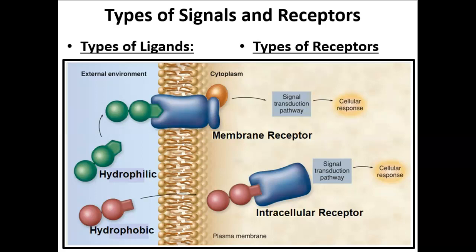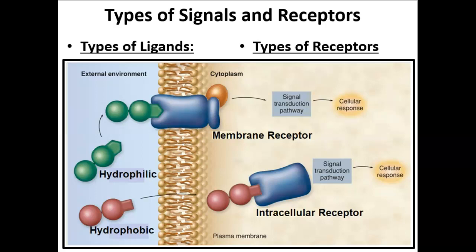Now let's look at the two types of receptors. The two types of receptors aren't based on their chemical nature. They're usually proteins. Instead, the types are based on where they are located in the cell, the target cell. One type is a protein embedded in the cell's membrane. Therefore, it is called a membrane receptor. It also might be called a cell membrane receptor or a cell surface receptor, but it's the same thing.